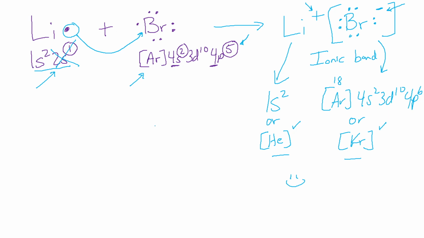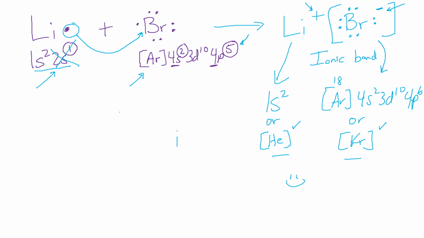They do not become those elements. They're still lithium. They're still bromine because they still have the same number of protons. Remember, protons are what determine the element. But here they now get a much better electron configuration. They're stable like our noble gases, which are chemically inert. And that's what everybody's trying to achieve in bonding.